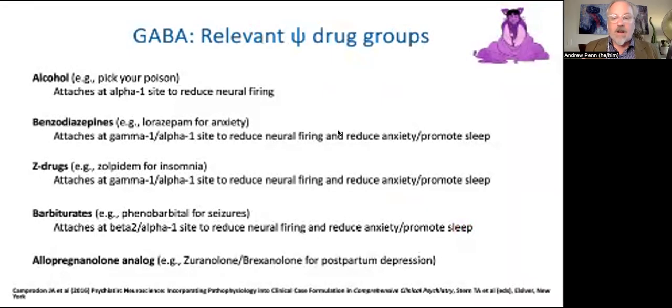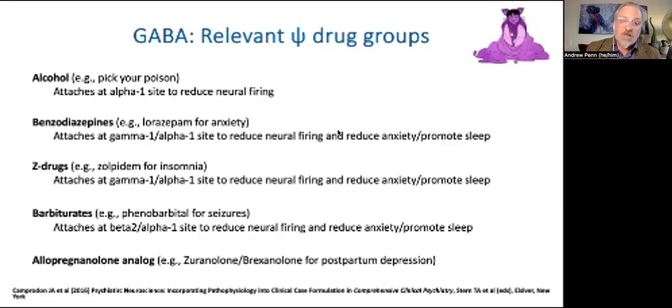So drugs that are relevant to GABA would be things such as alcohol, which works on the ethanol sites of the GABA receptor, benzodiazepines, which many people are familiar with for both anxiety and sleep, the Z drugs like zolpidem for insomnia, and the barbiturates, which are less used in psychiatry now because of safety issues, but are still used in treatment of seizure disorders.